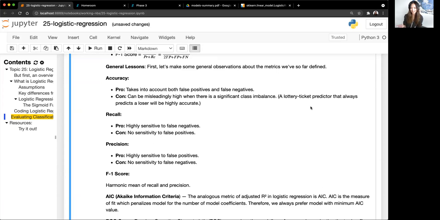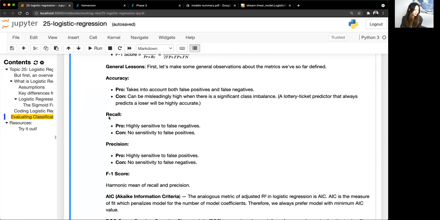Because it's always just going to predict that you're not going to win the lottery. It's going to be right 99% of the time. So that's one con of accuracy, especially if you have an imbalanced data set. And I'll talk more about the implications of imbalanced data sets during an office hour towards the end of the phase, because a couple of the data sets do have class imbalance.